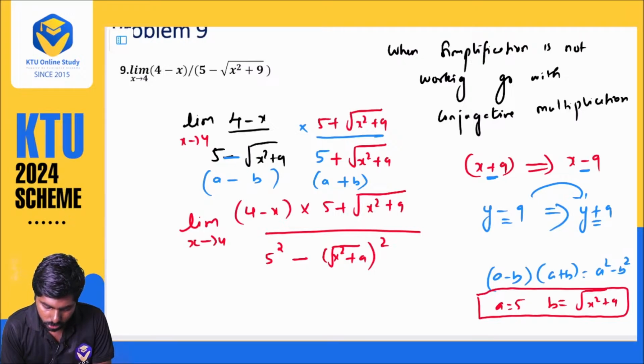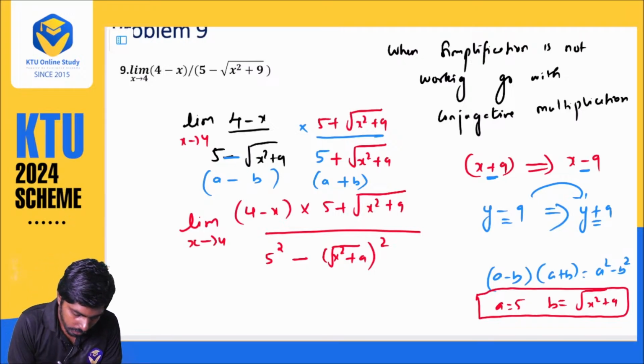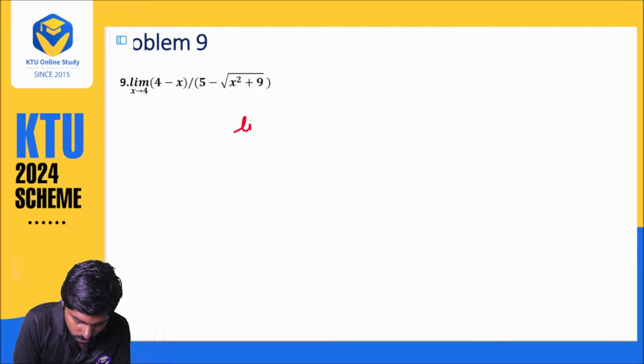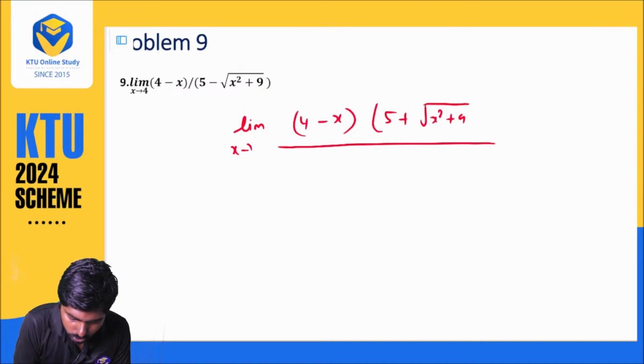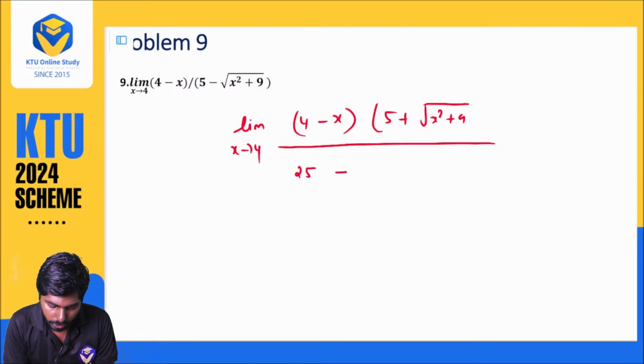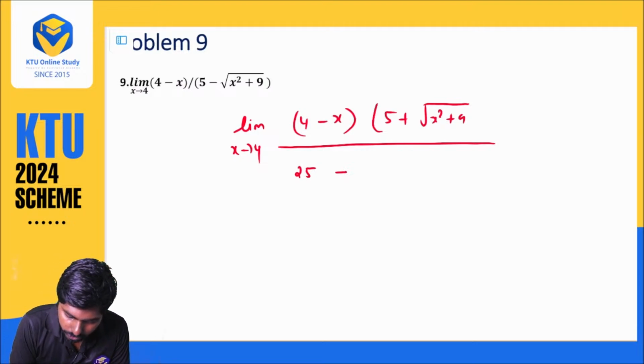Now you should be very careful here, a very important step is there. So limit 4 minus x into 5 plus root of x square plus 9, divided by, as x approaches 4, 25 minus, be very careful when removing the root.